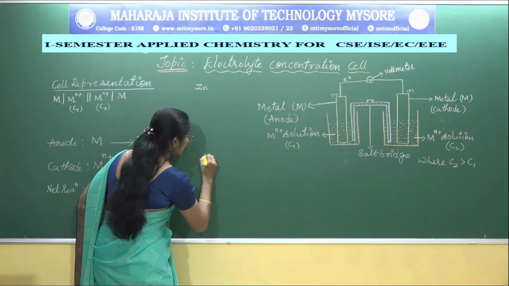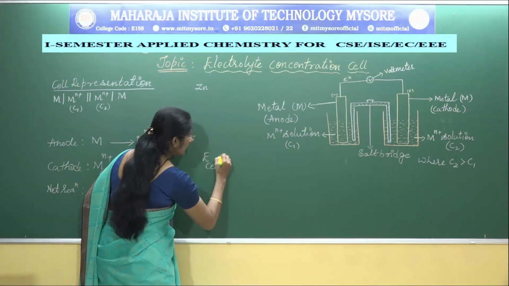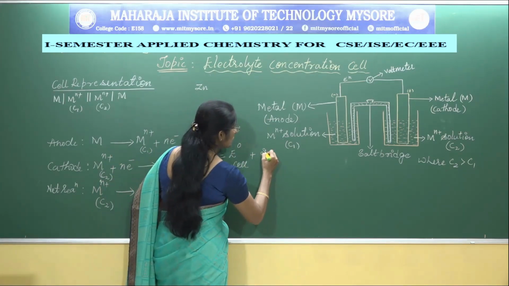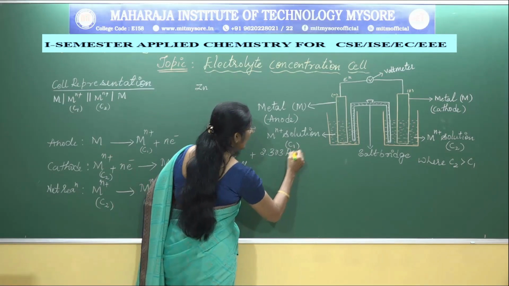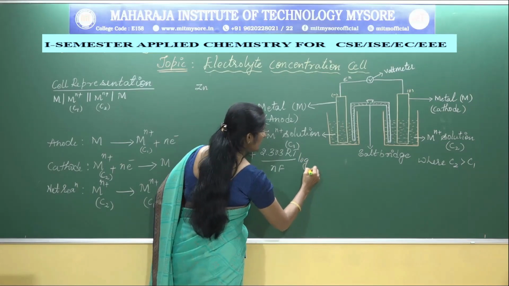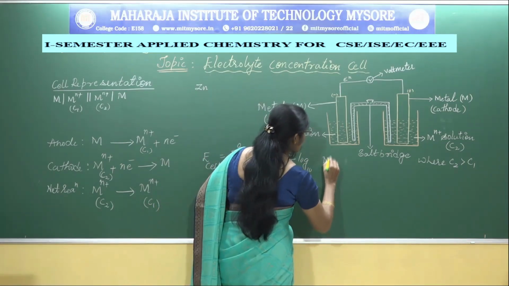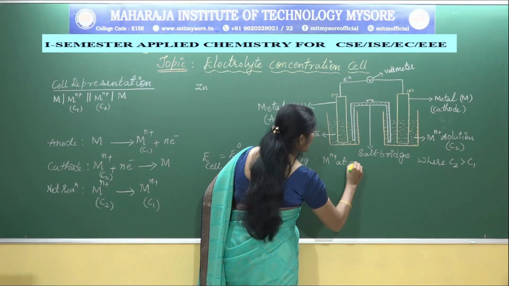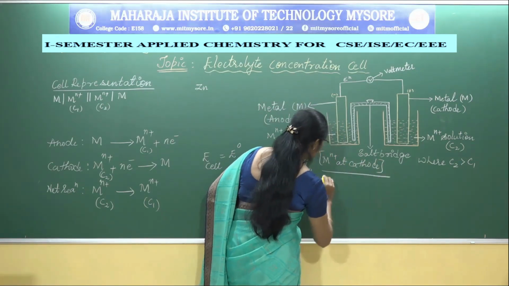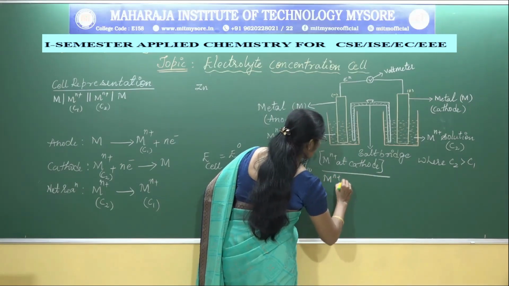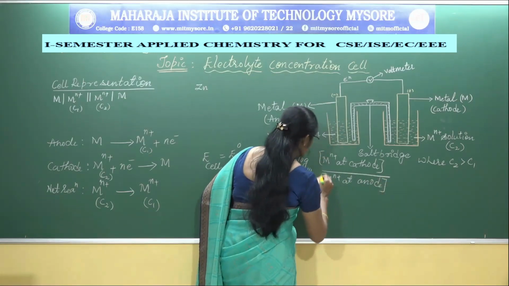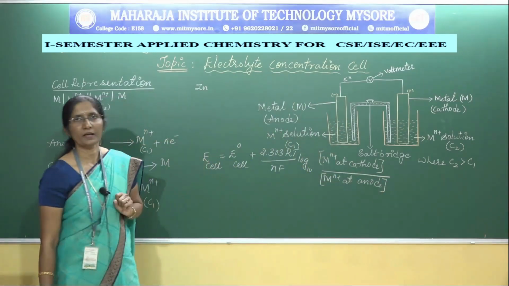It is E cell is equal to E naught cell plus 2.303 RT divided by nF log base 10 of the concentration of metal ion at the cathode divided by the concentration of metal ion at the anode. This is the general representation for the EMF of a galvanic cell.